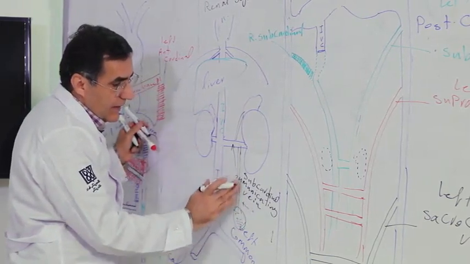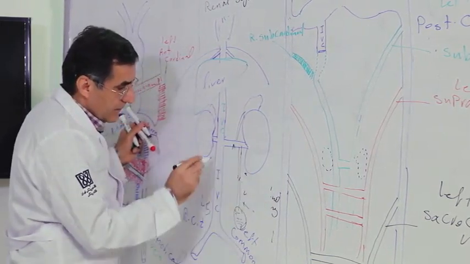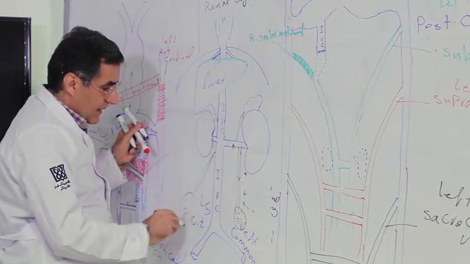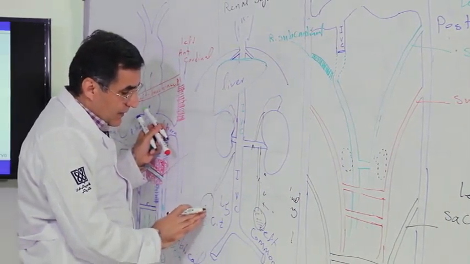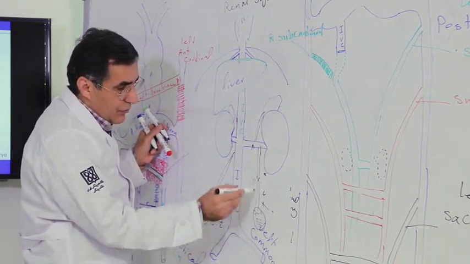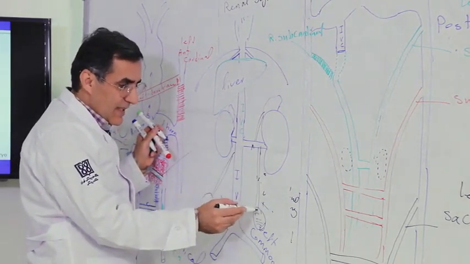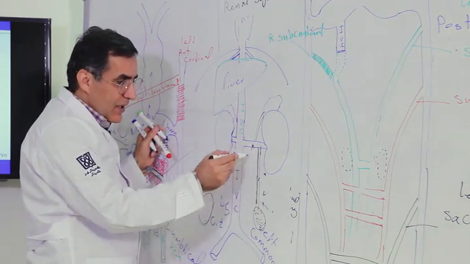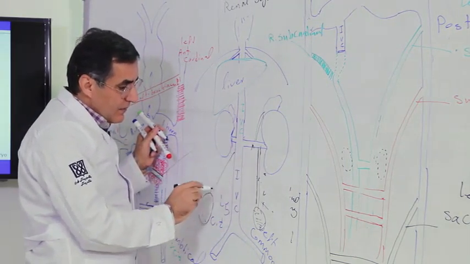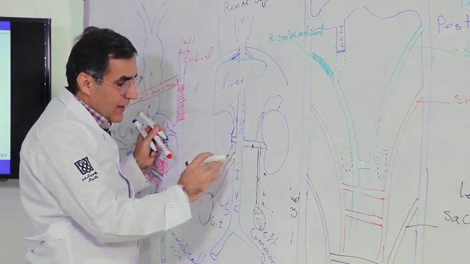Because in anatomy, we have two gonadal tissues, ovary in the female or testis in the male. Each of them has one vein that drains to the IVC.